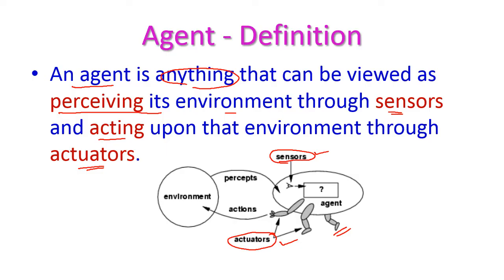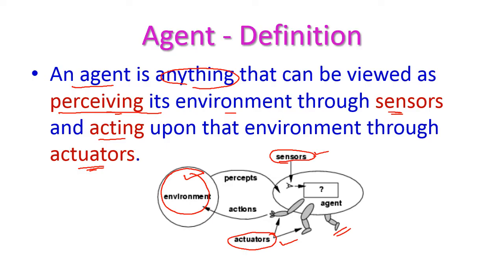What is the purpose of sensors? Sensors are used to observe the current environment. What is presently in the environment will be observed by using sensors. Perceiving its environment through sensors, and acting upon the environment through actuators.